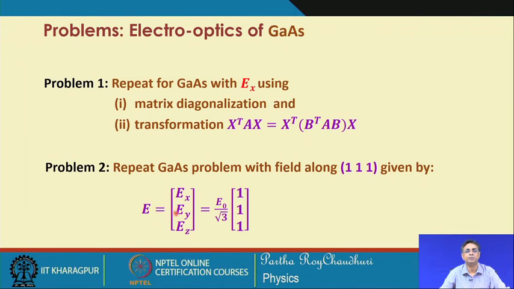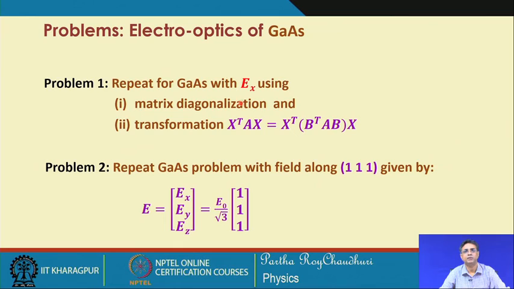But suppose you apply a field which makes equal inclination with E x, E y and E z, then what happens? That is, the electric field is now applied along one direction. Let us have a look at this problem, and we can repeat the same problem using a field which is applied only along the x axis.